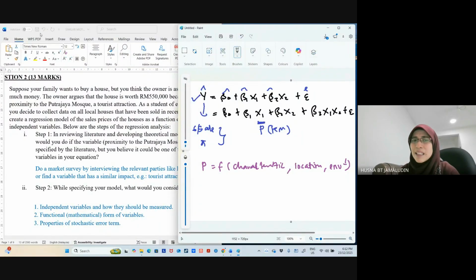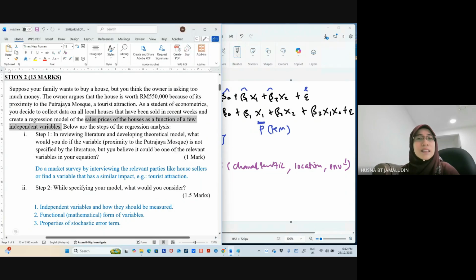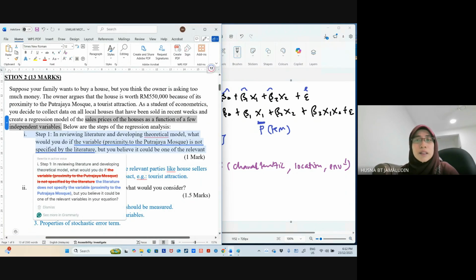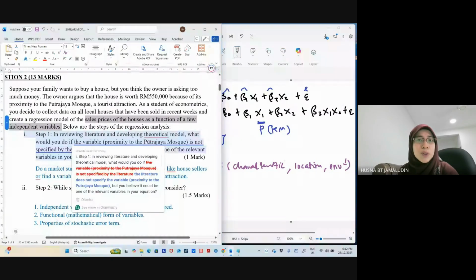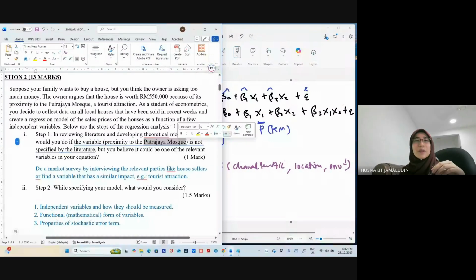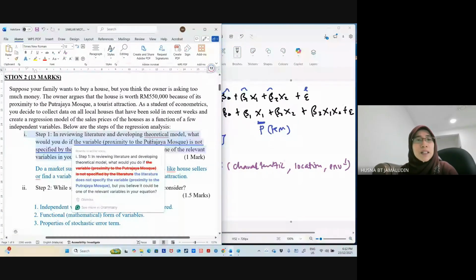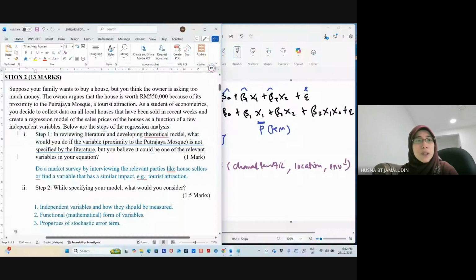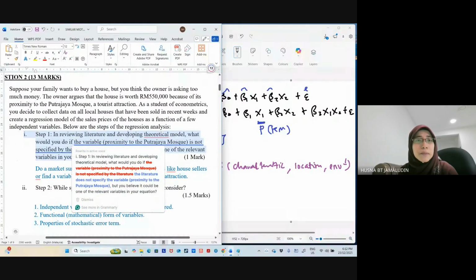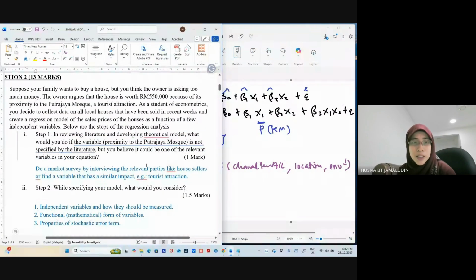Basically the theory says nothing to do with proximity to Putrajaya Mosque, because Putrajaya Mosque is a special case for the house in Putrajaya, right? But then it says, what would you do if the variable proximity to Putrajaya Mosque is not specified by the literature, but you believe it could be one of the relevant variables in your equation?